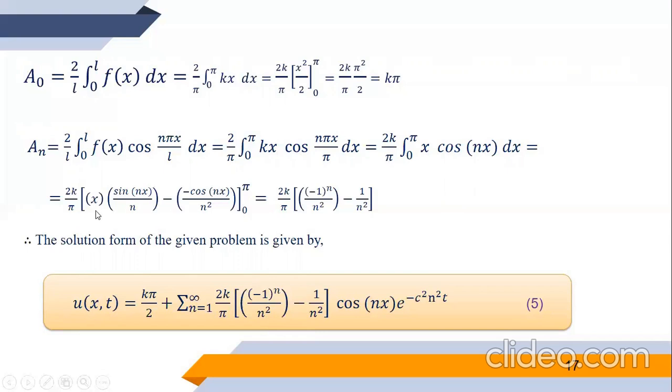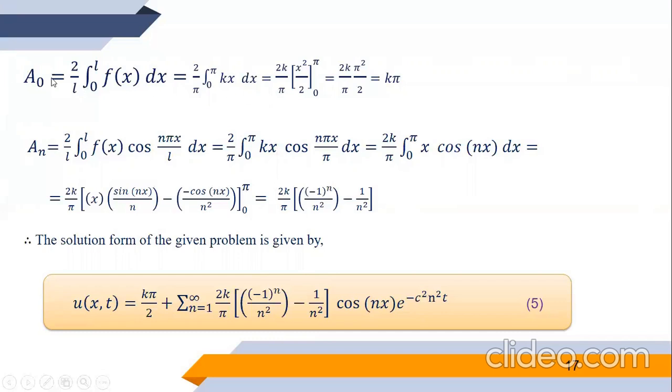The integration of x cos nx is x sin nx by n minus the derivative of x, which is 1, times the integration of sin nx, which is minus cos nx upon n square, with limits 0 to pi. So we get 2k upon pi times (minus 1 raised to n minus 1) upon n square, because cos n pi is minus 1 raised to n. So this is the solution for a_n.